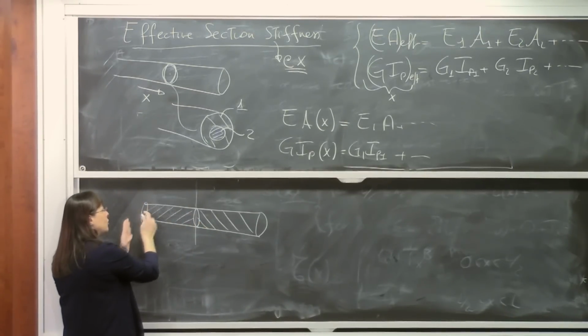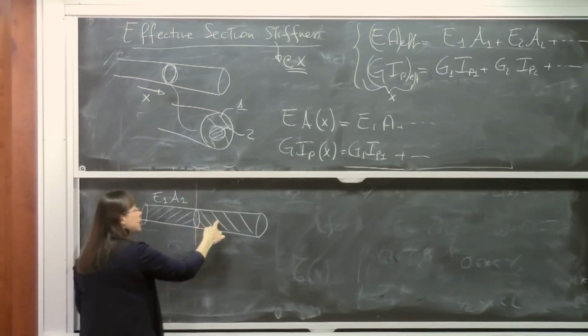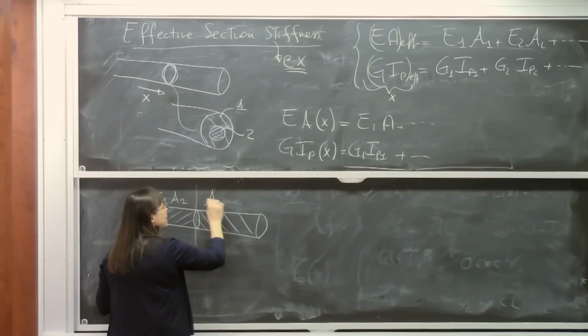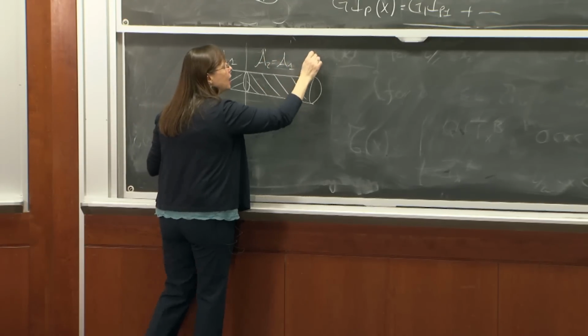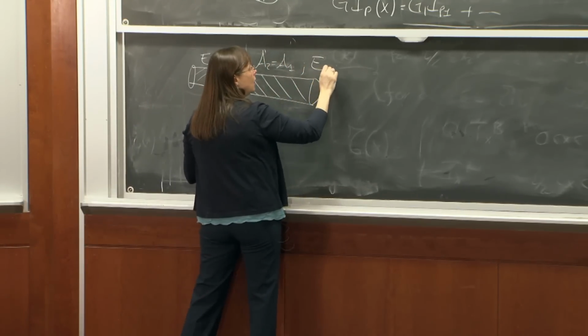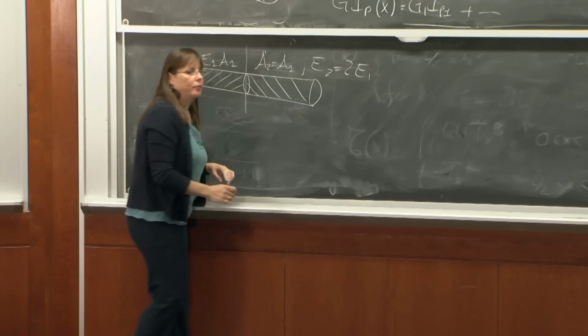There was one side of the bar, which had E1, area A1, and there was another side of the bar, which had the same cross-section, A2 equal to A1, but it had a modulus E2 equal to 2 times E1.